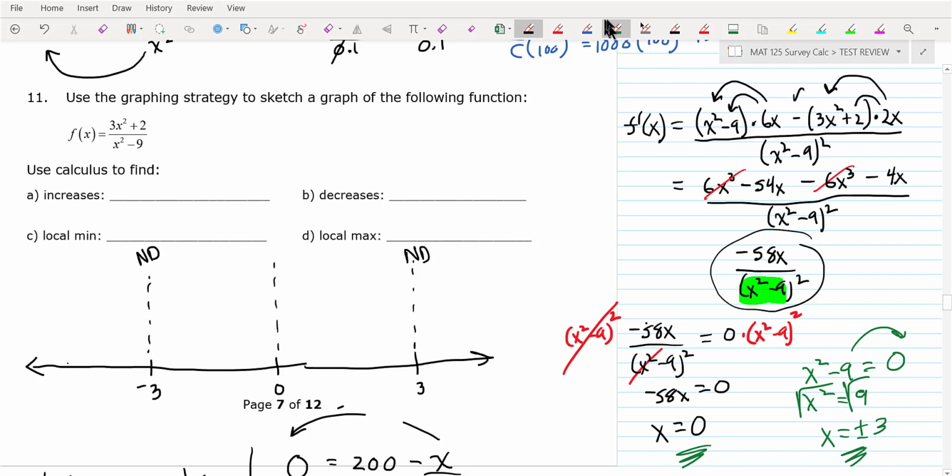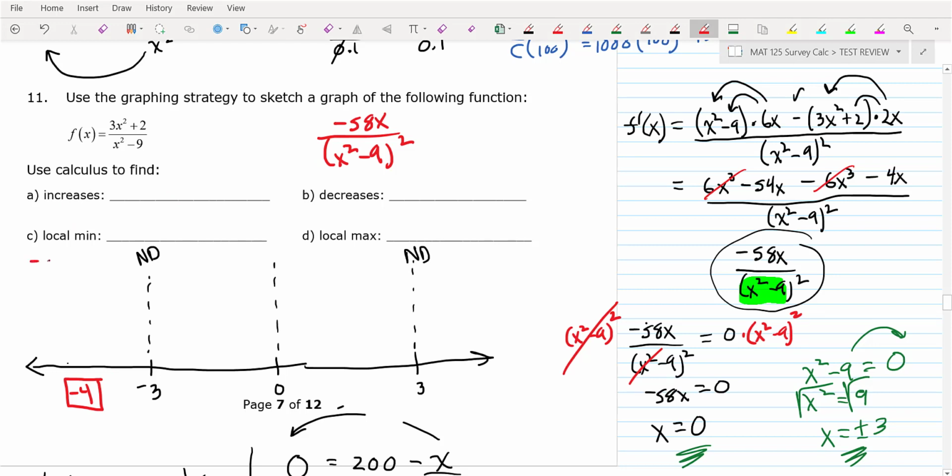Okay, now when you do your sign chart, remember what you're doing is taking your derivative, which is negative 58x over x squared minus 9, squared, and then you're doing test points. Try to do as much as you can in your head. Just pick a test point. Over here, I'm going to do negative 4. You can take shortcuts if you know what you're doing.